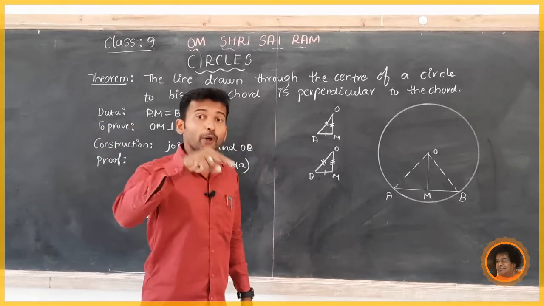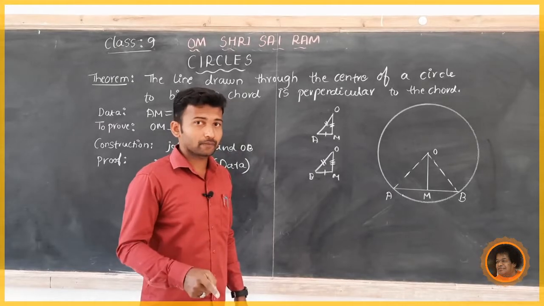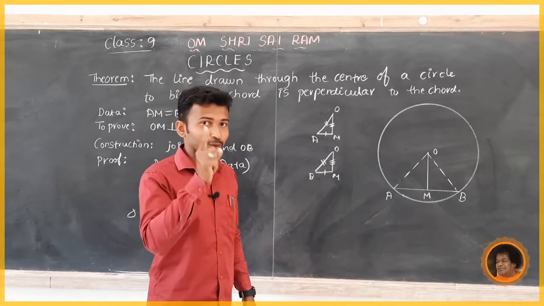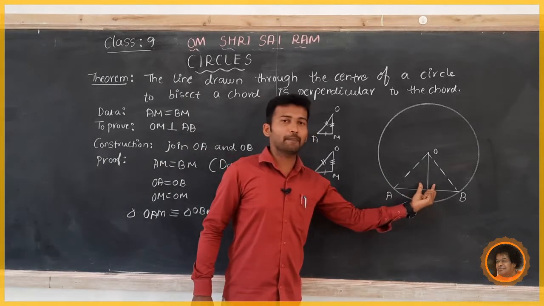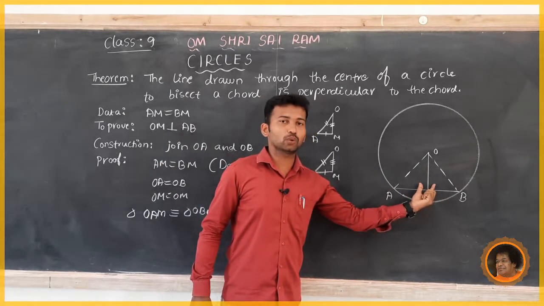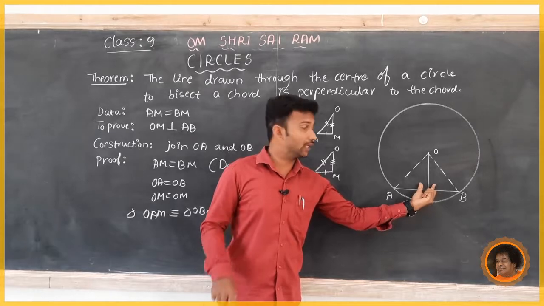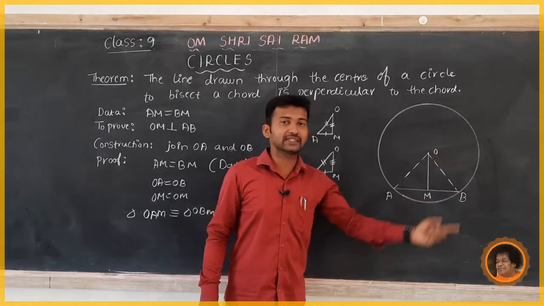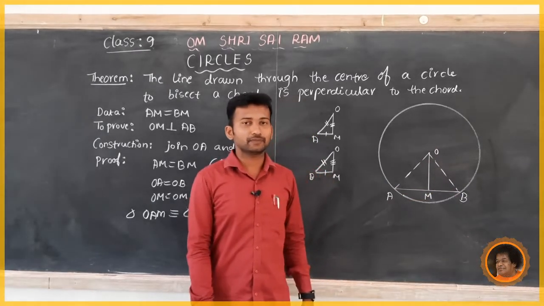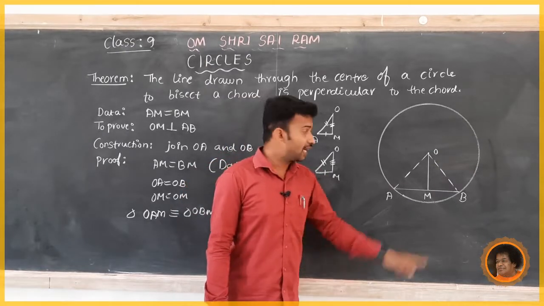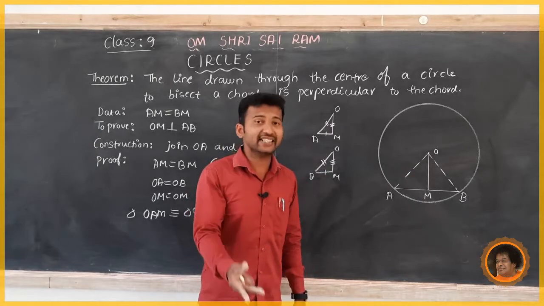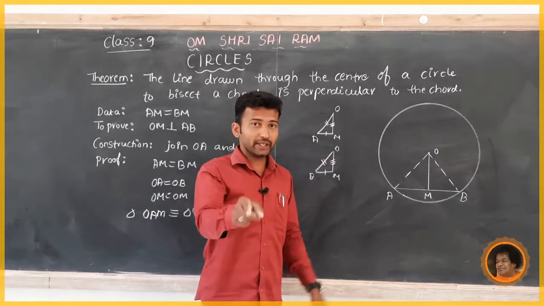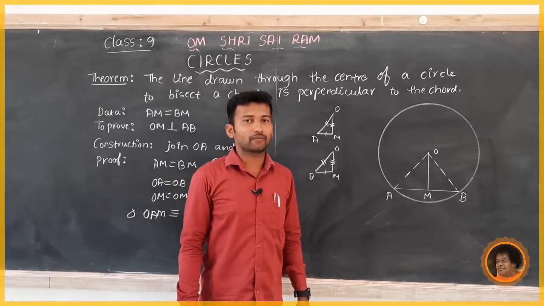To prove OM perpendicular to AB, we have to show that angle OMA is equal to angle OMB, which is equal to 90 degrees. If angles OMA and OMB are equal to 90 degrees, it means OM is perpendicular to AB.